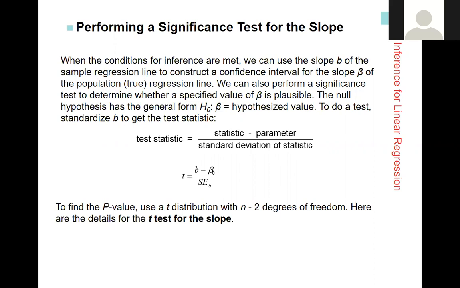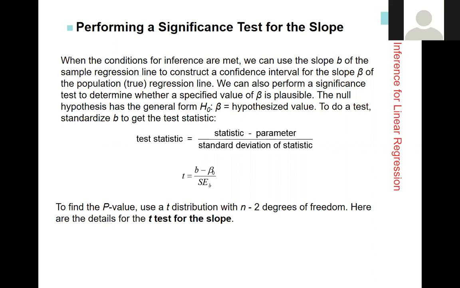And usually, not always, but usually, the null hypothesis is going to be that our slope is 0. And the alternative is going to be that our slope is either not 0 or greater than 0 or less than 0.